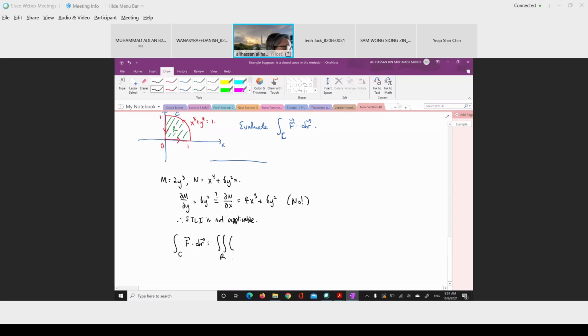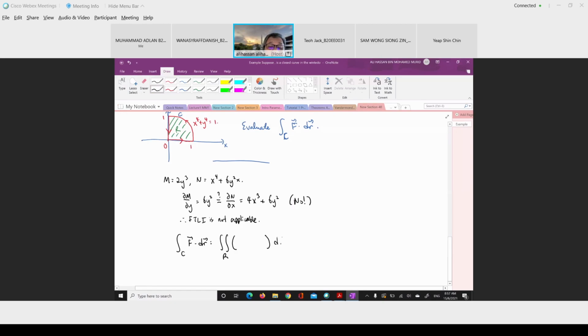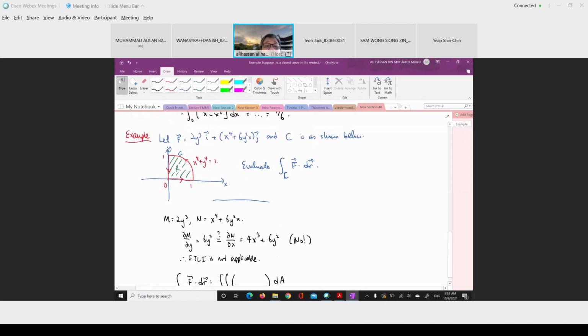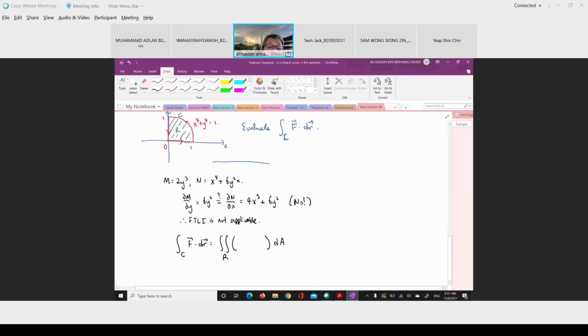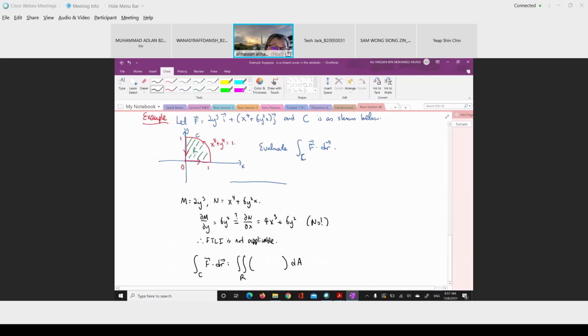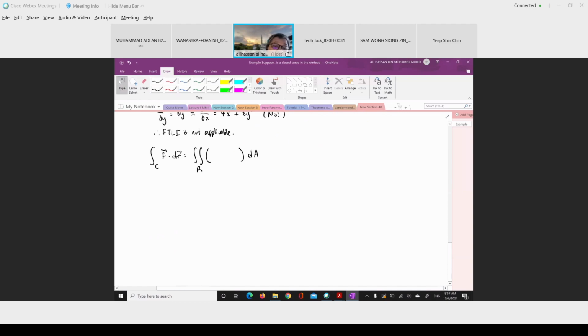And then what? What is the integrand in this integral here? The integrand is N partial x minus M partial y.